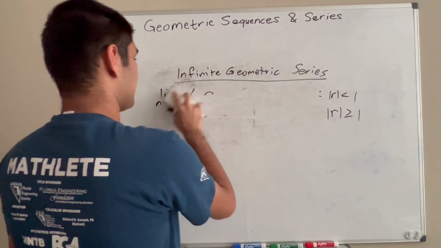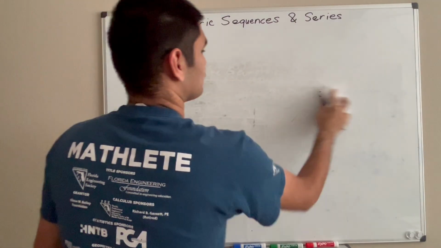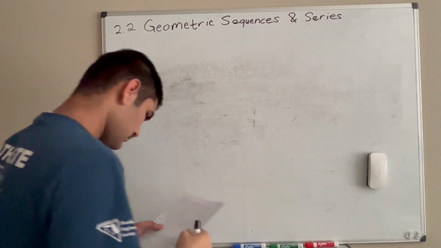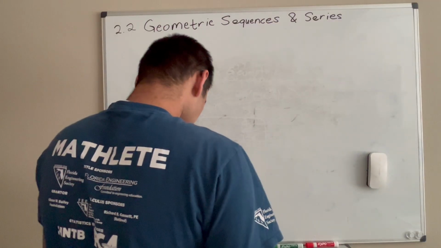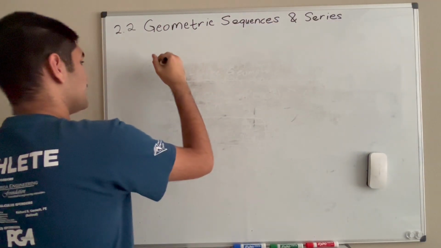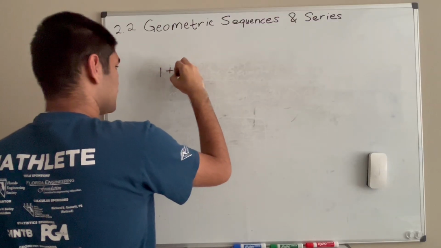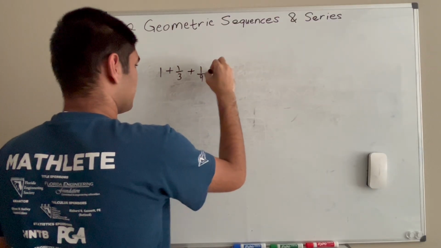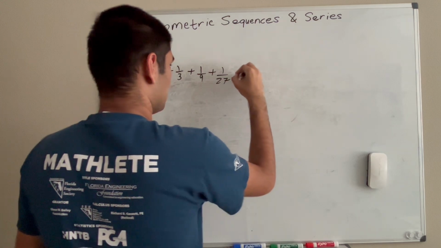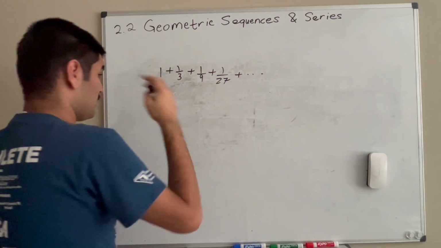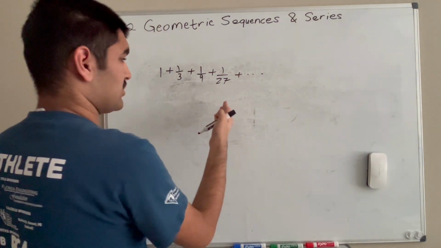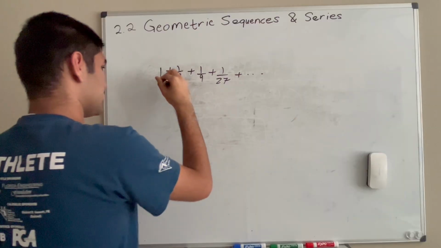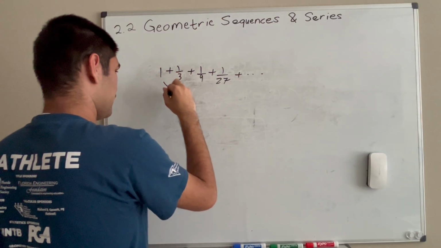So now let's do some practice. Let's say we're given the series 1 plus 1/3 plus 1/9 plus 1/27, and so on. First of all, is this a geometric series? Yes, it is, because each time we're multiplying by 1/3.